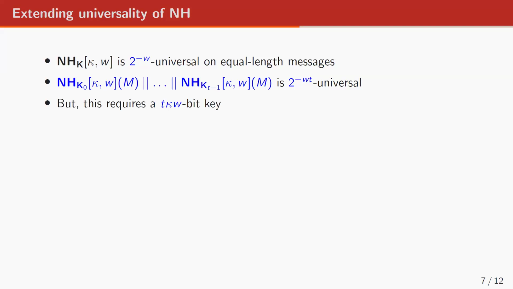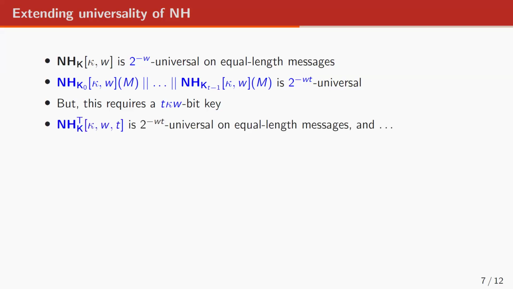The problem is that this would require T times as much key as the base version of NH. The authors use the Toeplitz construction to make sure that the universality bound holds, but they only require a very small amount of extra key material, which is simply 2W times (T minus 1).